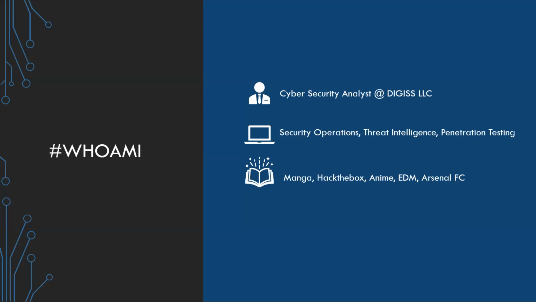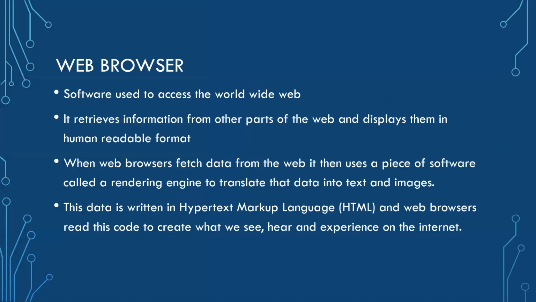Moving forward, just to give a little primer on what web browsers are. A web browser, in simple terms, is a piece of software that is used to access the internet. We have Chrome, Safari, Internet Explorer, Firefox, and so many others. Even in recent times, some of those web browsers have been discovered to be stealing people's information or prying into people's privacy.